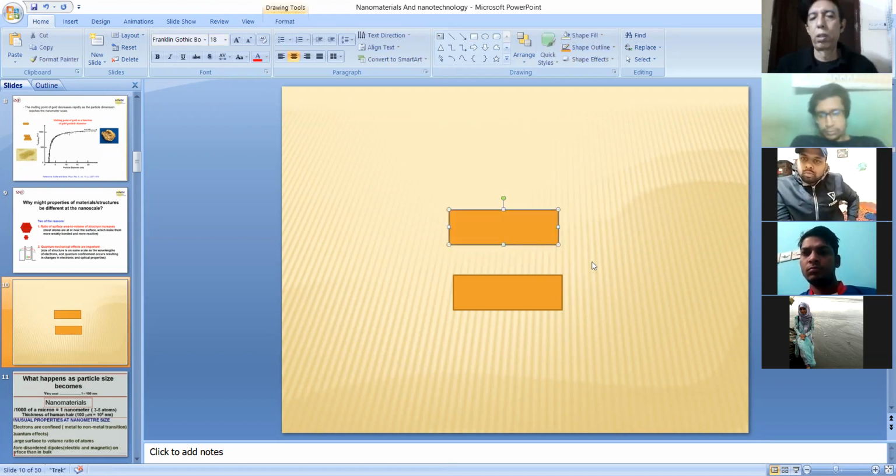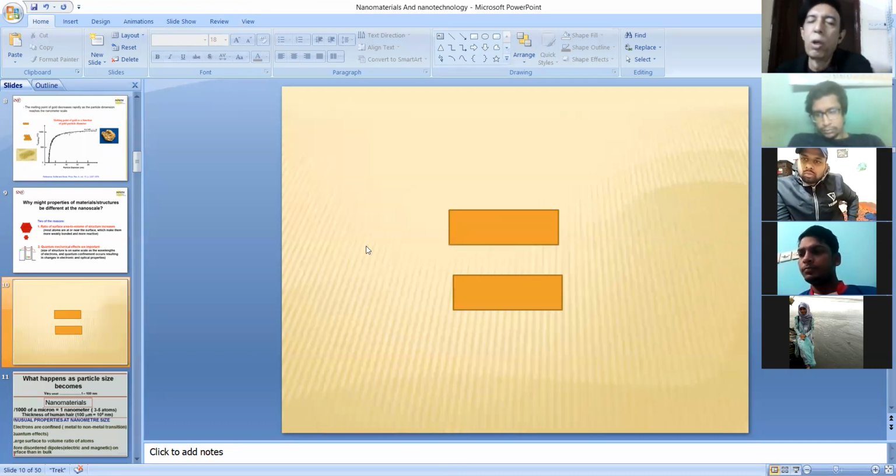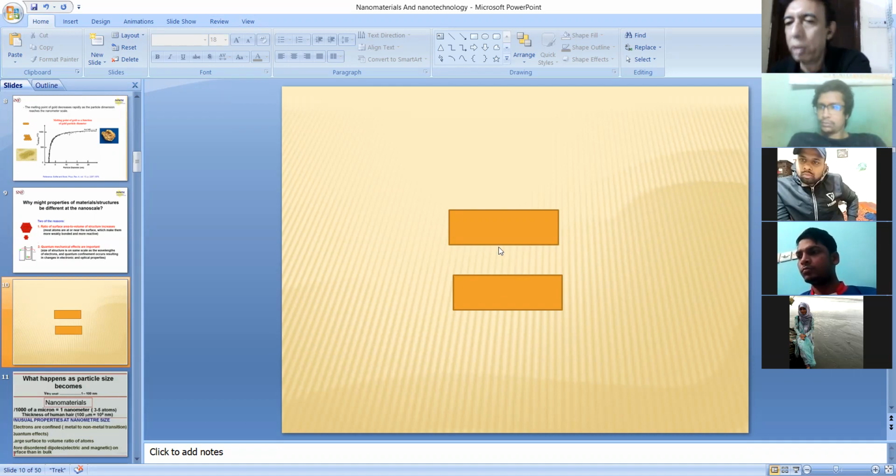This is valence band and this is conduction band. What will happen? In case of a semiconductor, there is a gap between valence band and conduction band, which we call band gap.